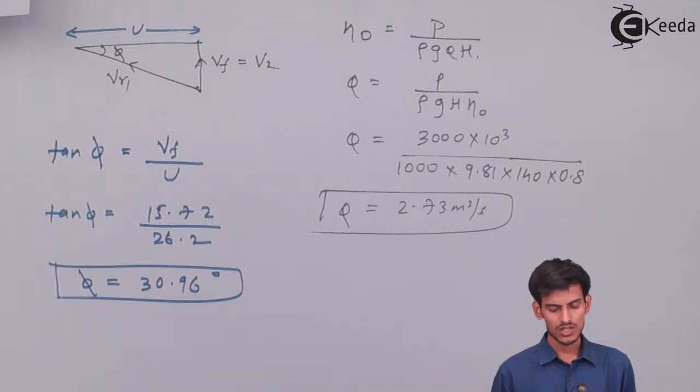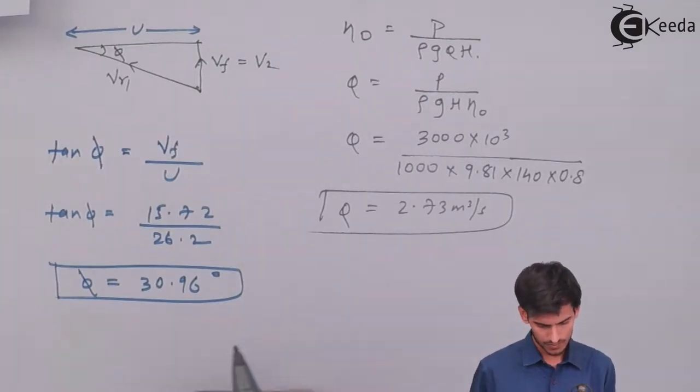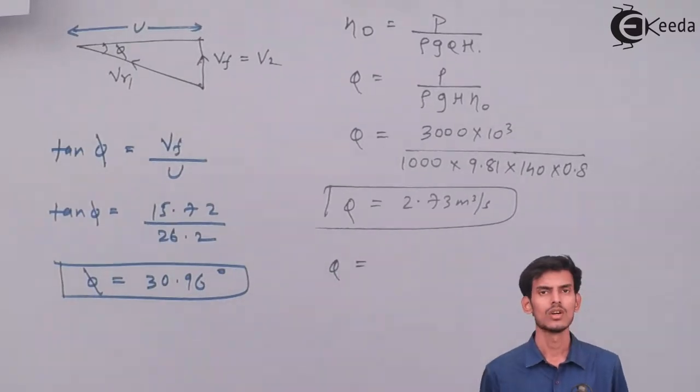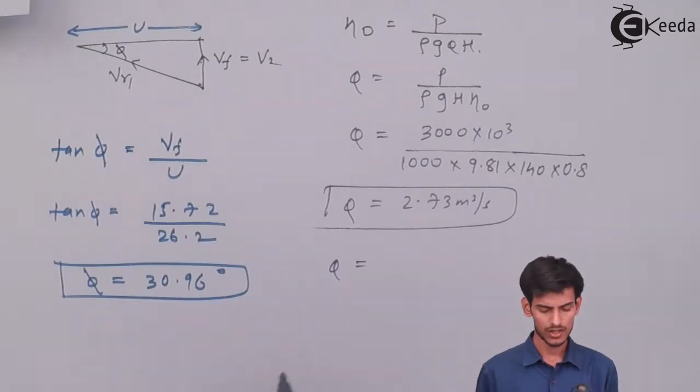Once you know the discharge, you can get the value of the width. As I said earlier, Q is nothing but area times velocity. Area is circumference into width, so πD into width into the velocity.